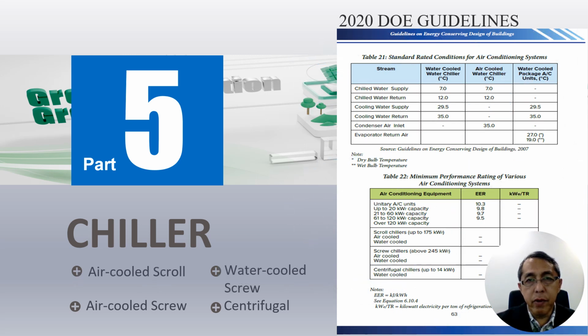Another 2020 DOE guideline, under Table 22, is the minimum performance rating of various air conditioning systems. I believe this is for the unitary, screw chillers and centrifugal chillers. I believe for the chillers about 0.58 kilowatt per ton is the lowest that DOE is specifying.